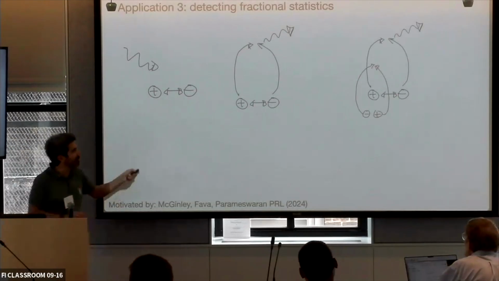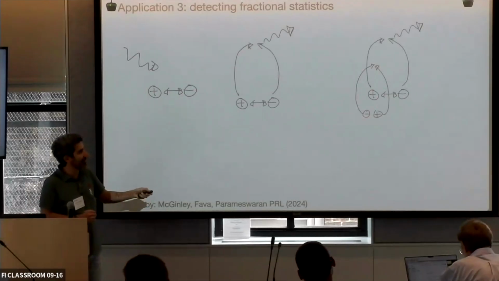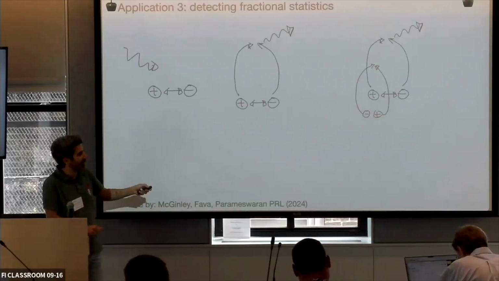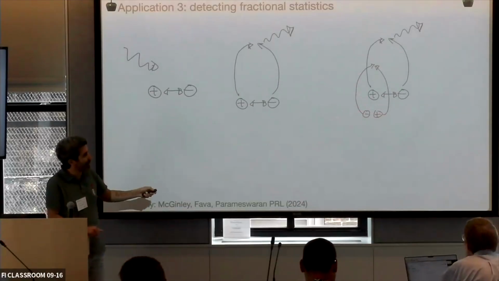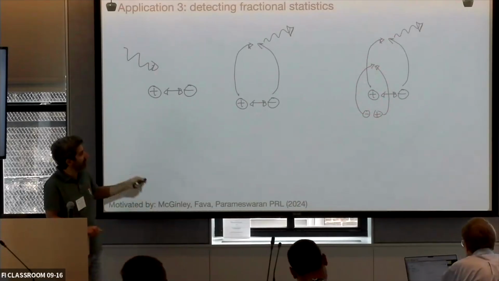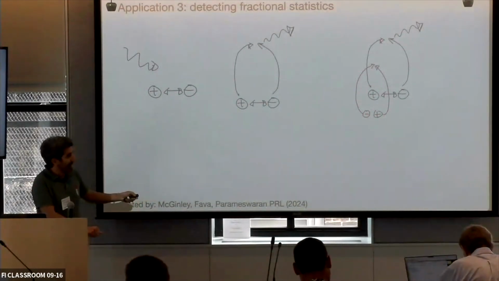Now, imagine that during this process, I create another pair of anyons. This pair can now interfere with this path of fusing anyons, because I have another light that is also creating them.